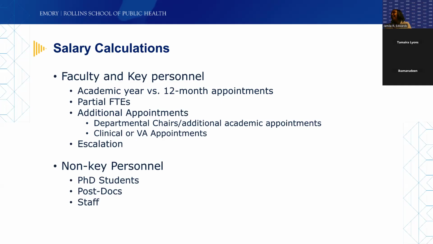I've had faculty in the School of Medicine who make enough as a 10% FTE to be over the salary cap. Those are the things we have to be aware of as we're dealing with them in the budget, to ensure that we're in compliance with any of those limitations.